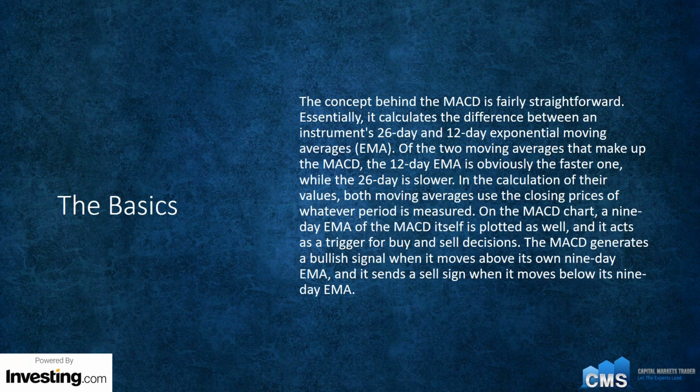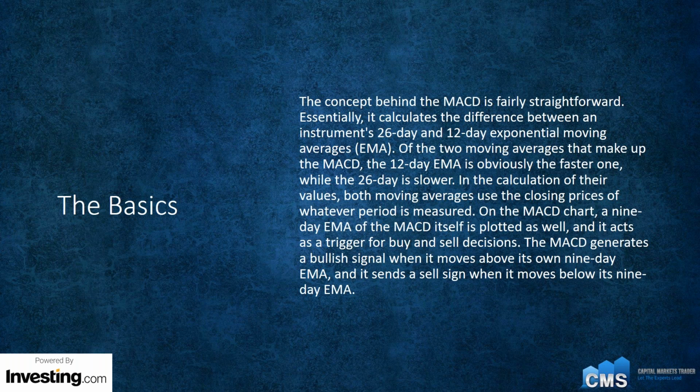On a 1 hour chart, you would take the close of the last 12 candles, add them together, and divide by 12. You'd do the same thing for a 26-period moving average. An exponential moving average is a finer calculation because it puts a little more value on the most current numbers and a little less value on the older numbers.